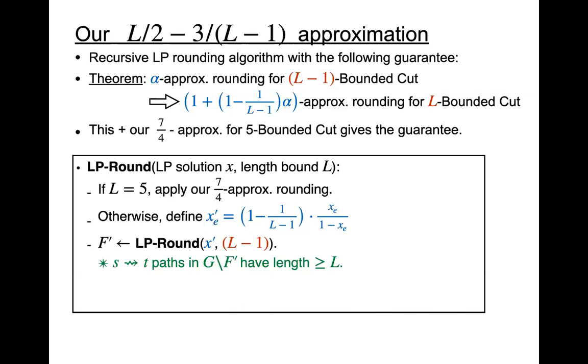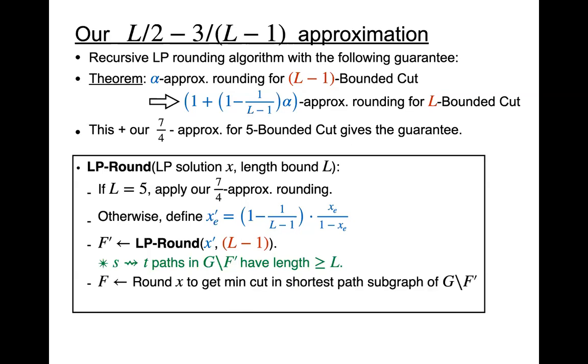And once we only need to cut shortest paths, it's very simple because we can apply the standard rounding on the remaining edges in the graph to get a minimum cut in the layer graph, or the graph of shortest paths from S to T. And now we just return both edge sets, the first one in order to cut paths of length at most L-1, and the second one which cuts the remaining paths of length L.